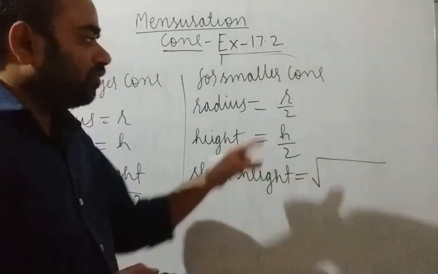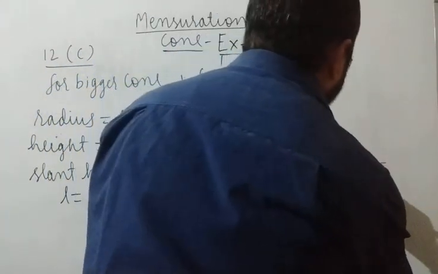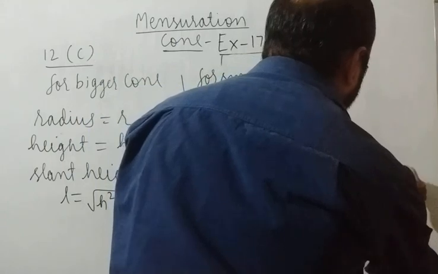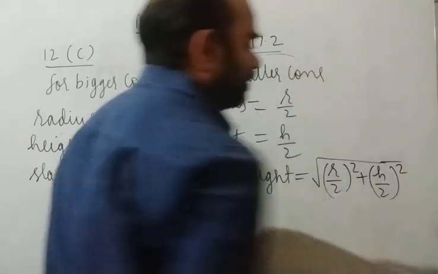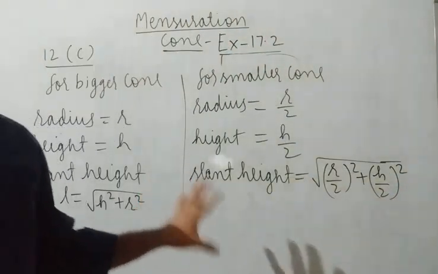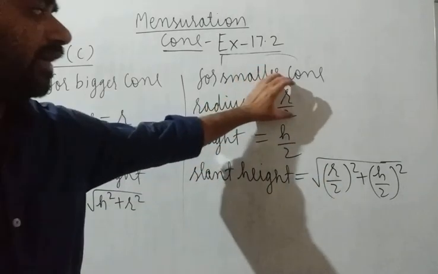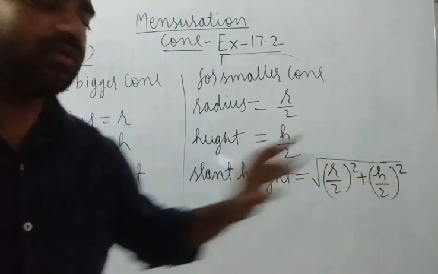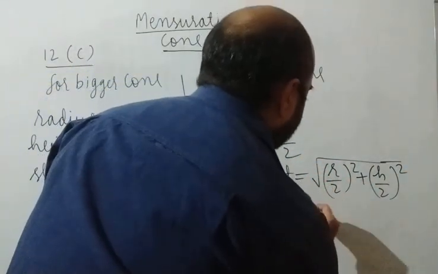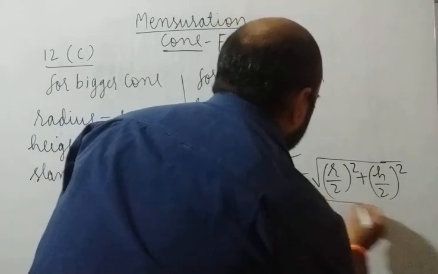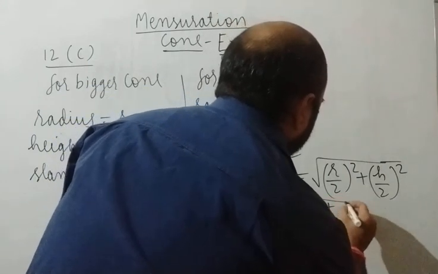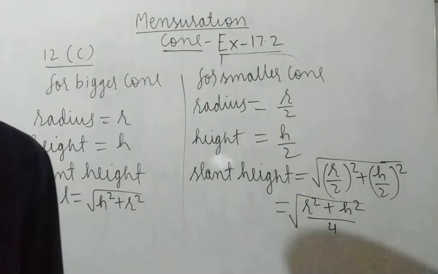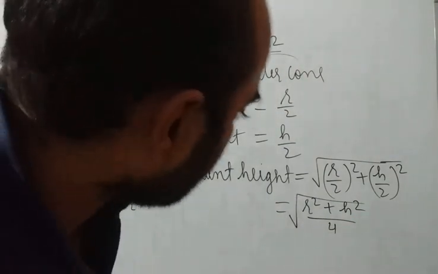Correct? So, what is the radius here? Radius is R by 2 square plus H by 2 square. Clear? Formula for slant height is under root radius square plus height square. Here the radius is R by 2 and height is H by 2. So we can see under root R square plus H square by 4.